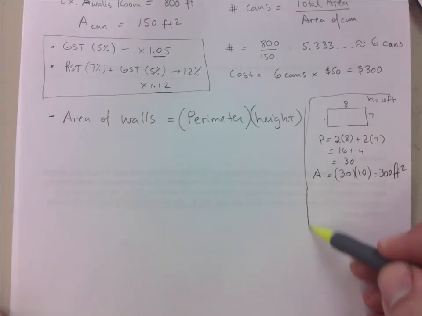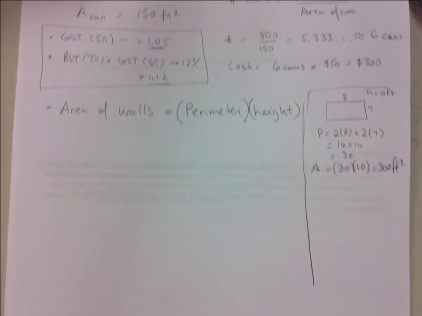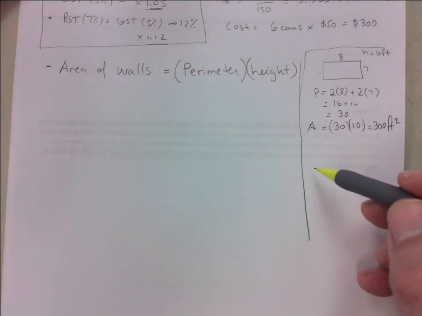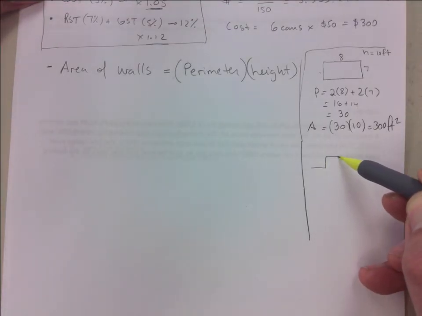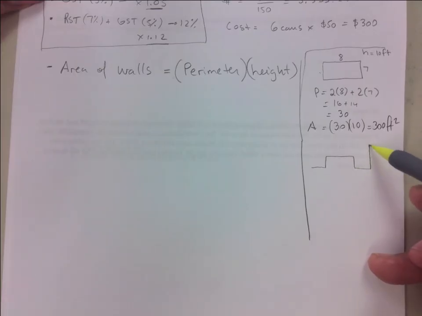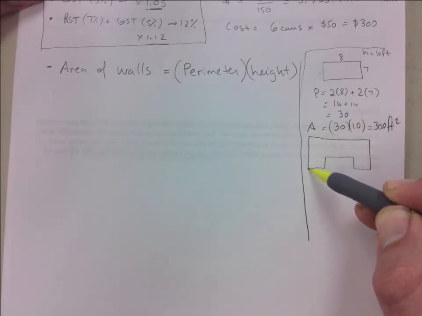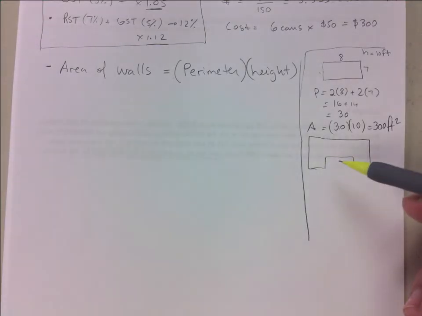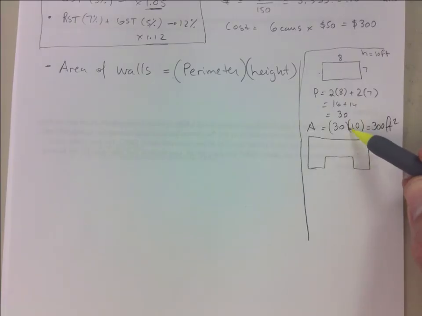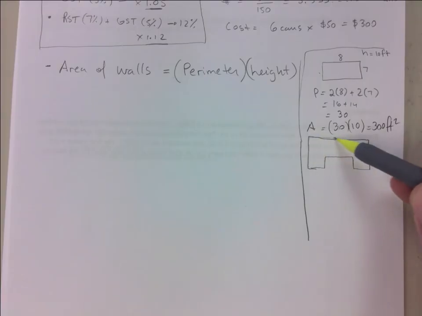It's particularly helpful, make sure you write this down, if you have a room that is not a regular room. Let's say you have a room like this, an irregular room. This is not a rectangle, right? It's a piece kind of like cut out. This is the best candidate for this method. So you basically just figure out the perimeter of this, and then times the height, boom, you've got your area of all the walls.